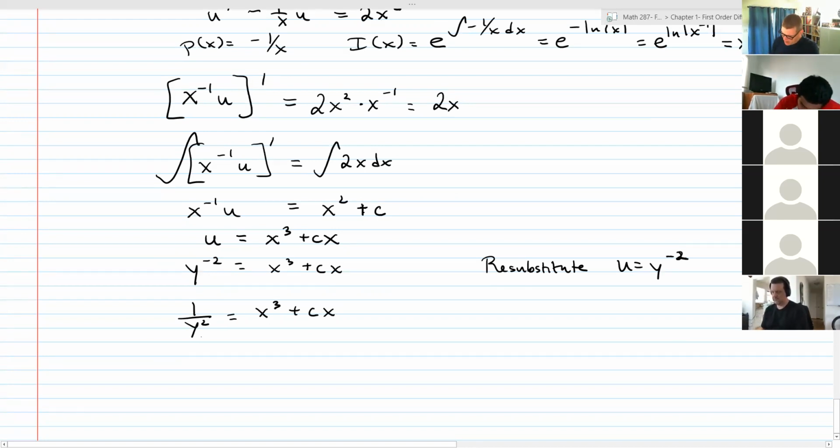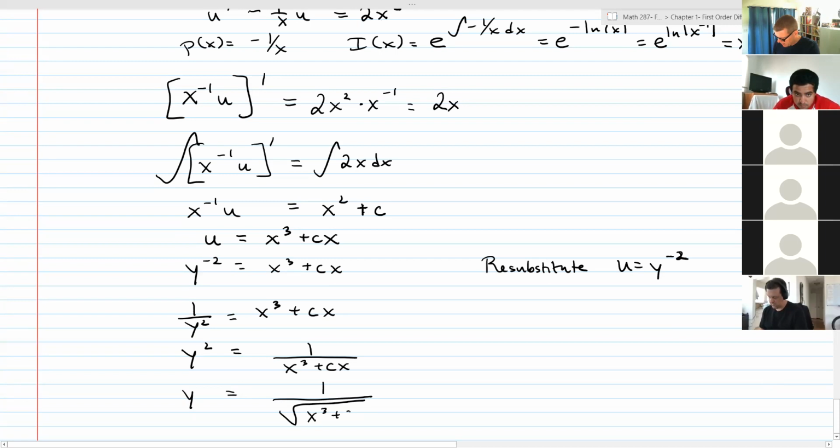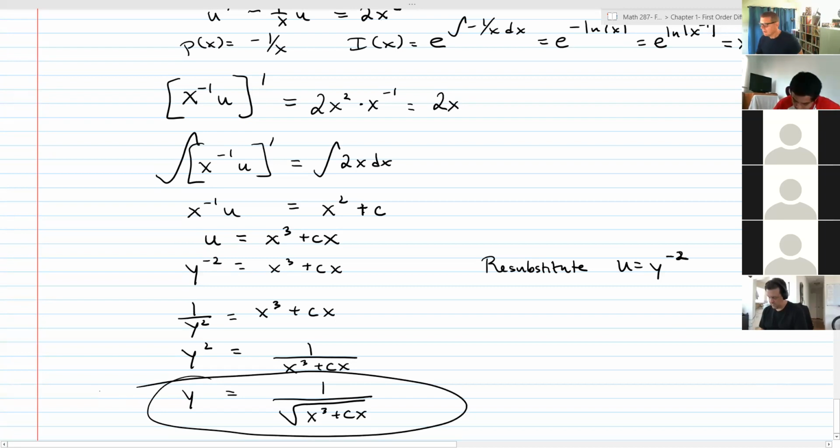So y squared is going to equal 1 over x cubed plus cx, and so y is going to equal 1 over the square root of x cubed plus cx. And that is your general solution. Questions?